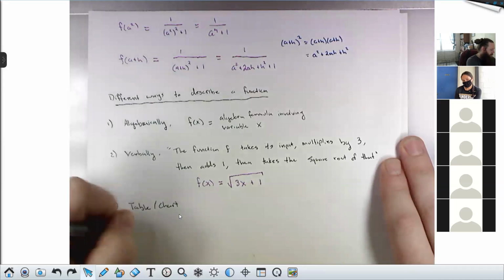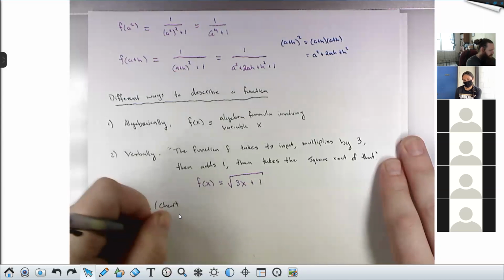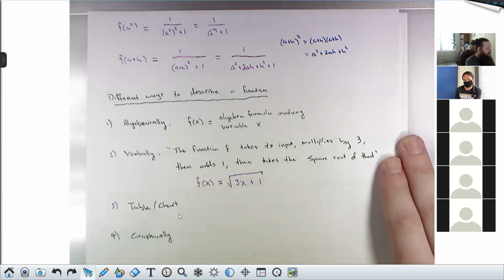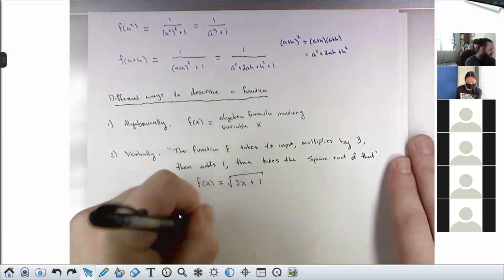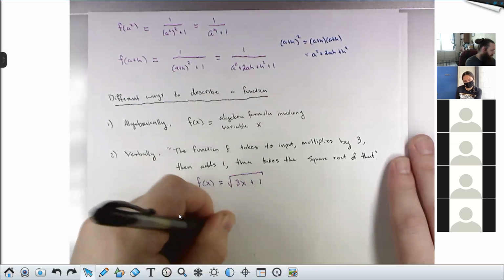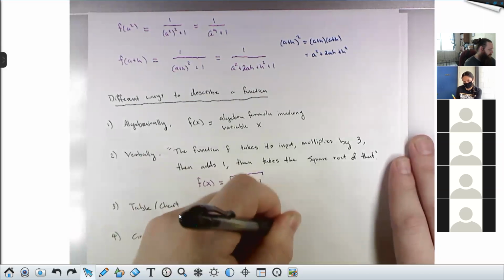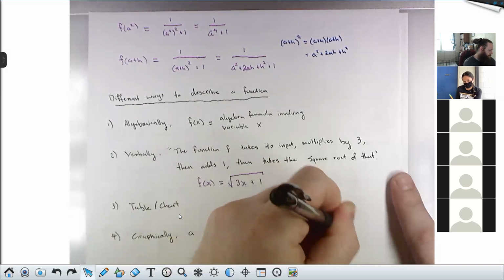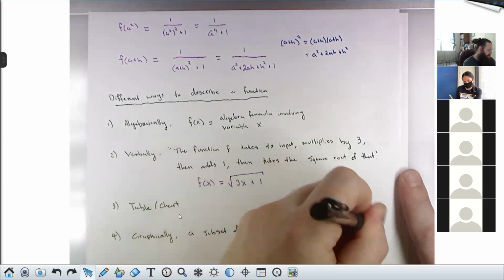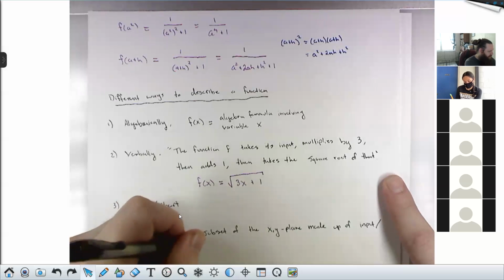But the last one is very interesting graphically. And this means we're looking at the graph of the function. So, a subset of the XY plane made up of input output pairs.